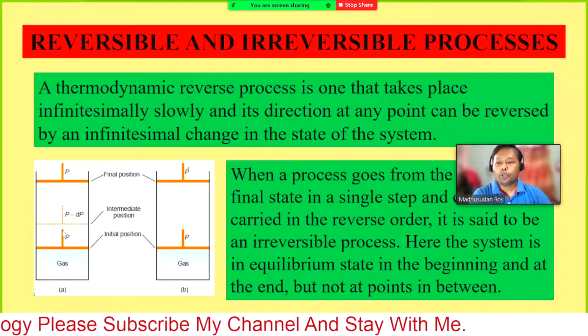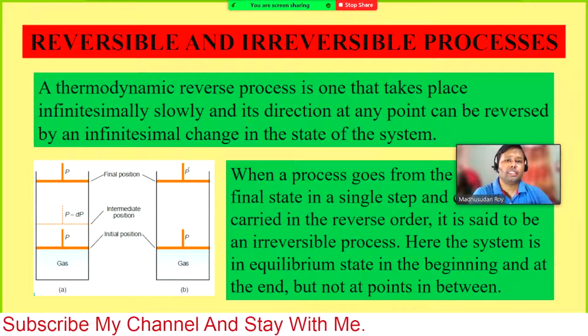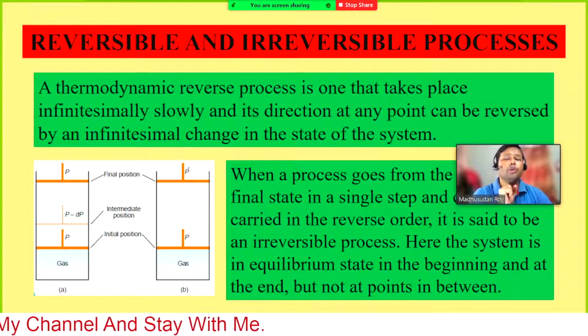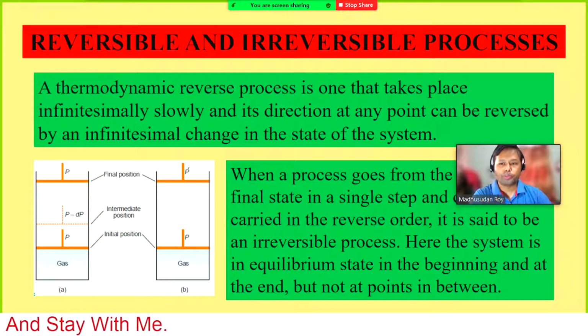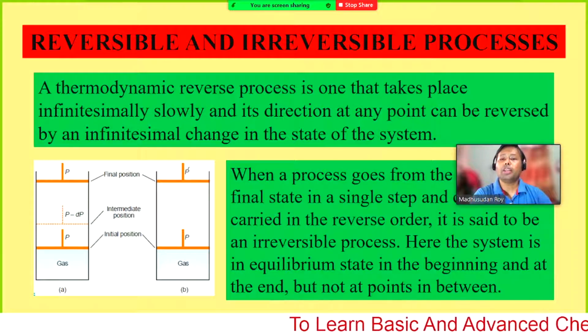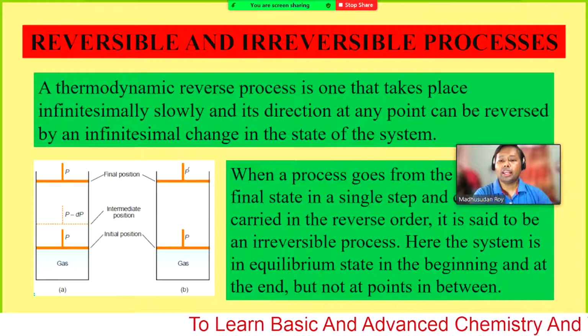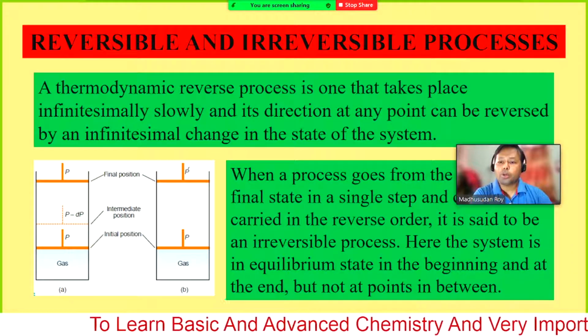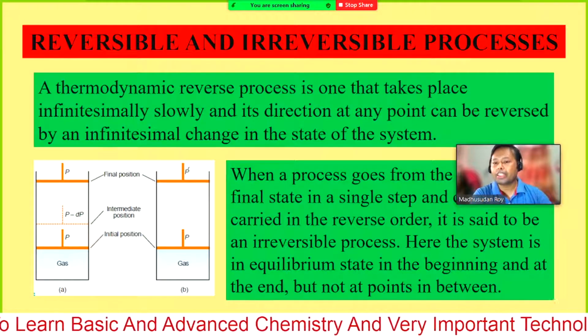So that should be infinitesimal change, that means negligible or very close to zero. So if you change that small amount of the volume, or if you increase the pressure by that infinitesimal change, in that case the volume of the gas will decrease a little bit.